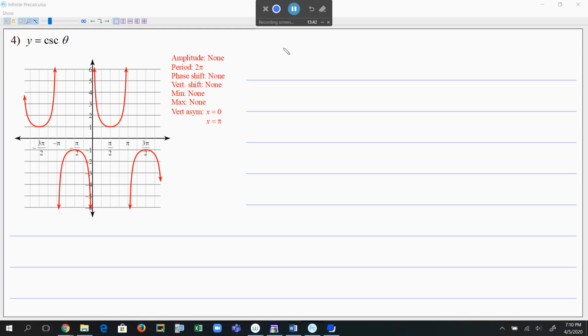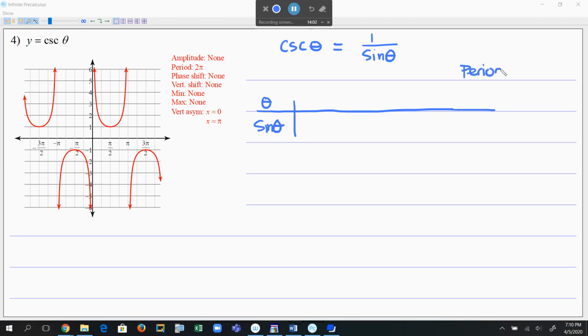We all know that cosecant is the reciprocal of sine. So think about your sine function. I'm just creating a table for the sine function. The sine function has a period of 2 pi.